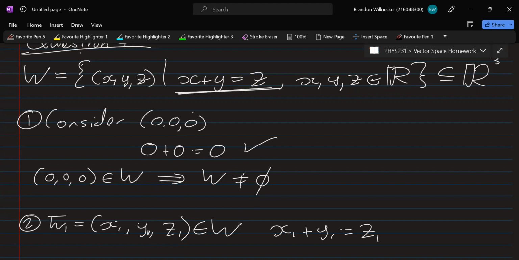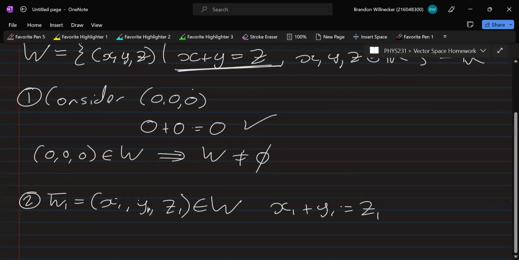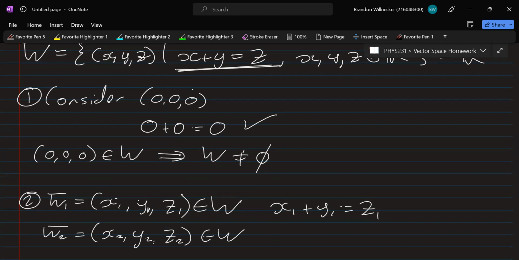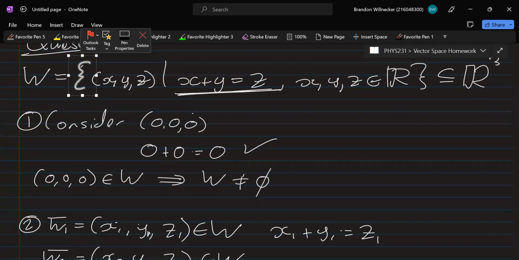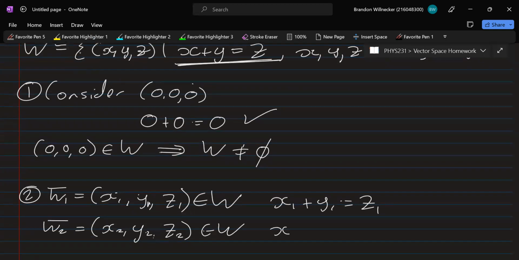That's from this rule over here. Let's take a W2. We can write this as (X2, Y2, Z2) from W. Again, if it's from W, it must satisfy that rule, so we know that X2 plus Y2 must be Z2.